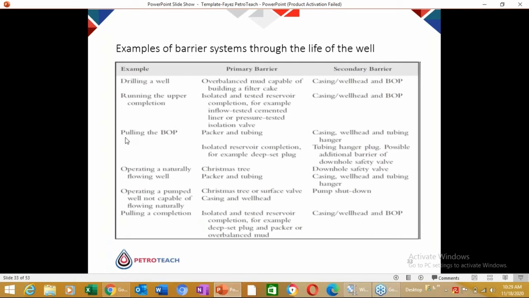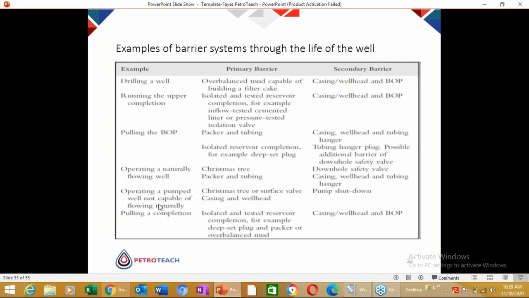Here also pulling the BOP. When we are pulling the BOP, we have to consider putting a packer at deep depth and the tubing. Okay. Another secondary barrier here for pulling the BOP is the casing head and the tubing hanger.